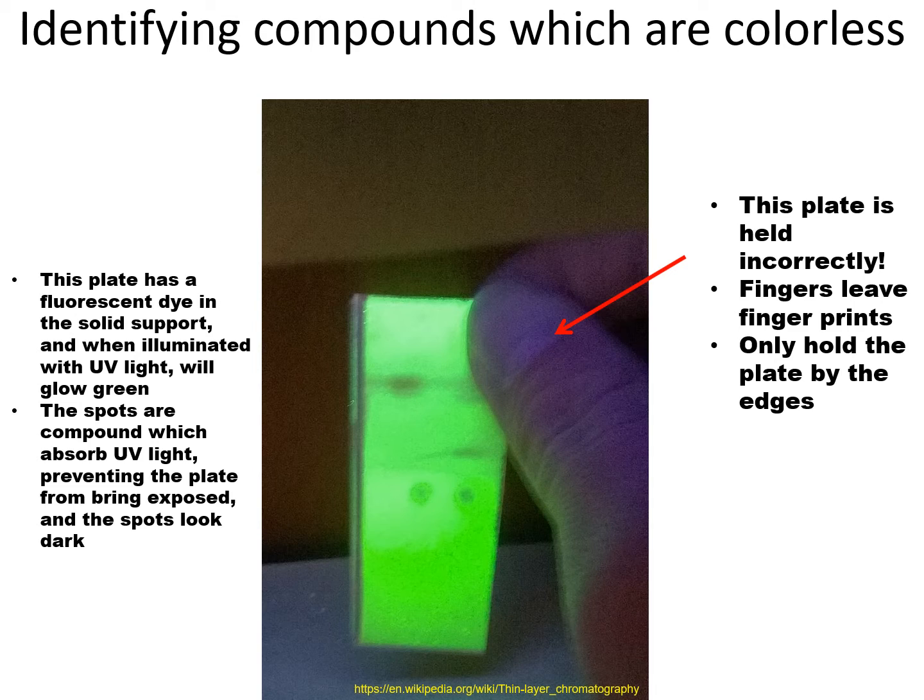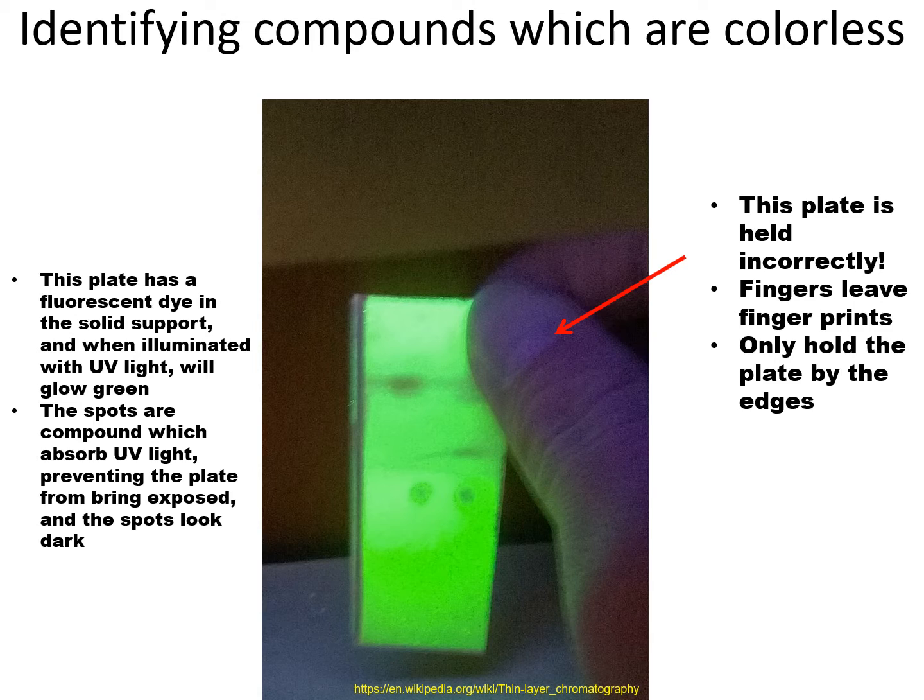Once we run our TLC for colored compounds, we can simply identify them with the naked eye, but there are also some colorless compounds where we need to spray iodine to make the spots visible, or most commonly you can use UV light.